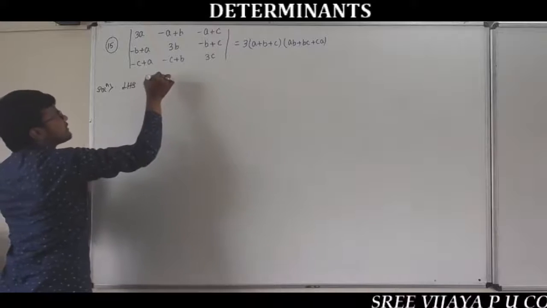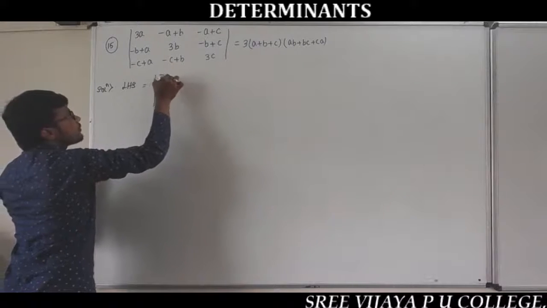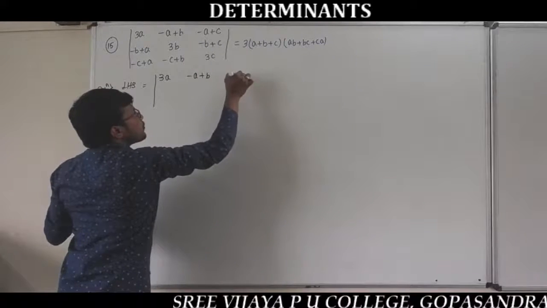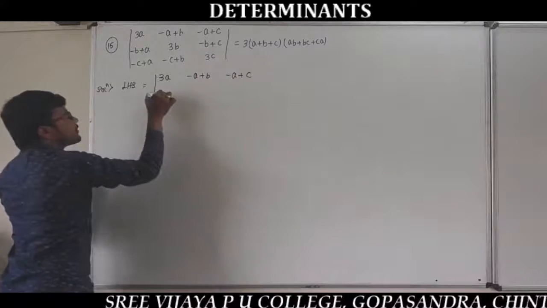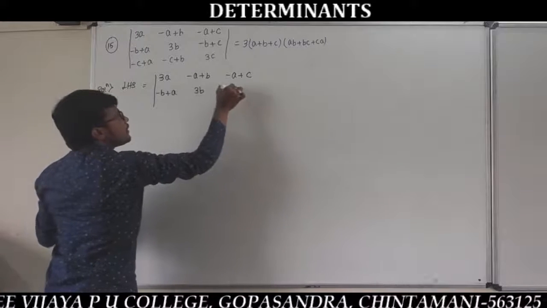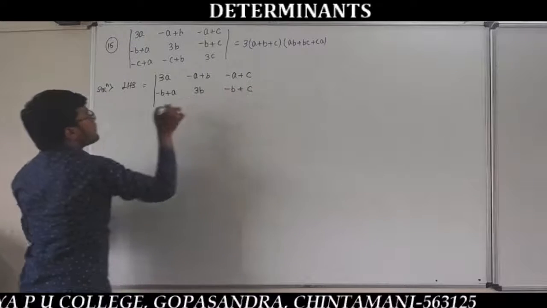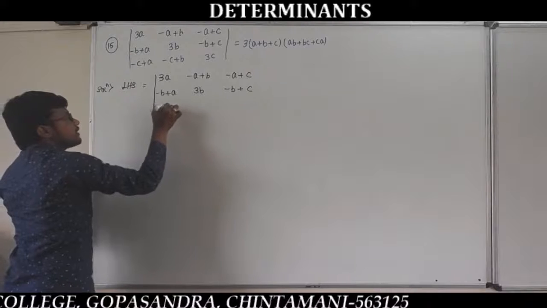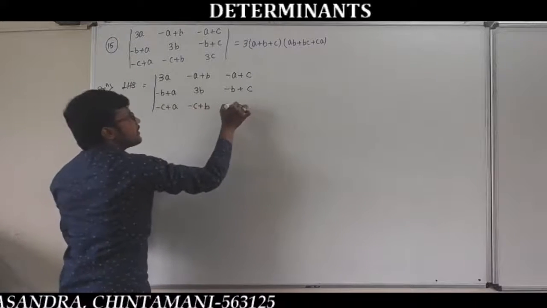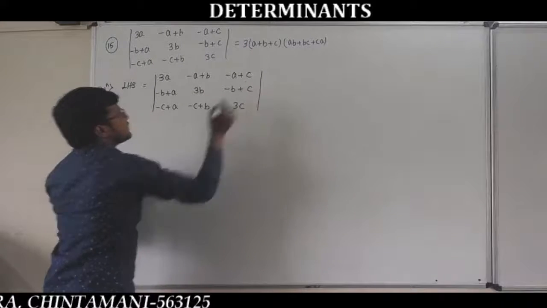First write the LHS: 3a, minus a plus b, minus a plus c; minus b plus a, 3b, minus b plus c; minus c plus a, minus c plus b, and 3c.